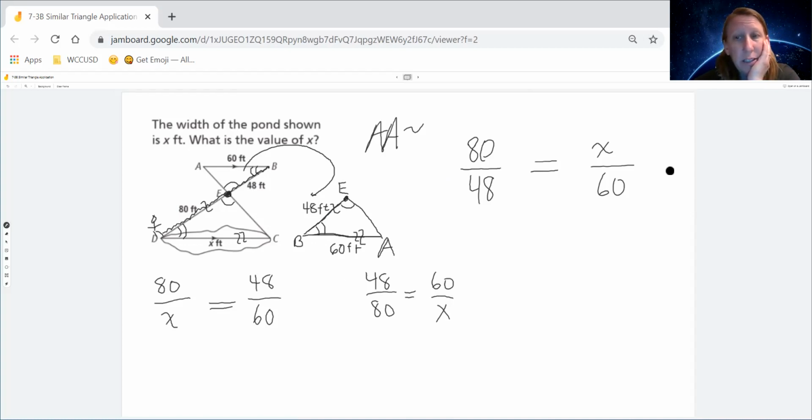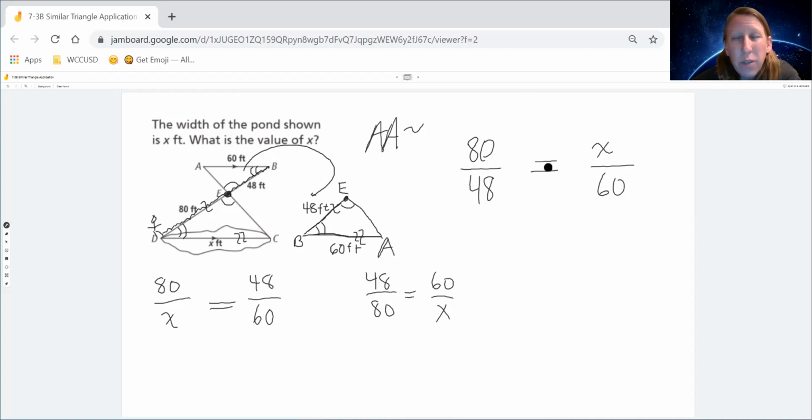I slightly prefer having x in the numerator when I'm solving, and there's a lot of ways to approach solving these problems. What I tend to do, because I'm a little bit efficient, is I will use cross products.